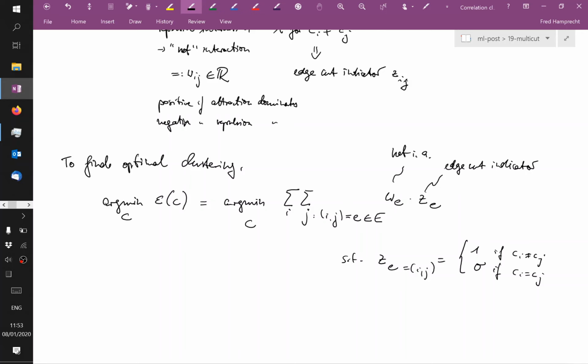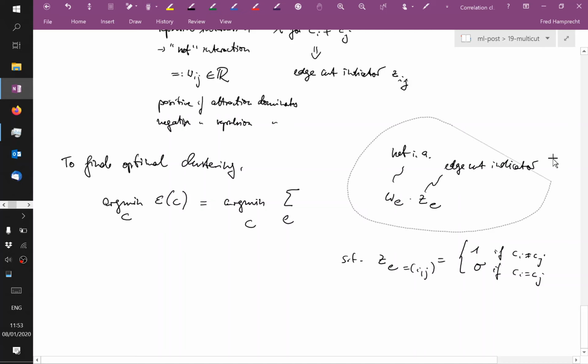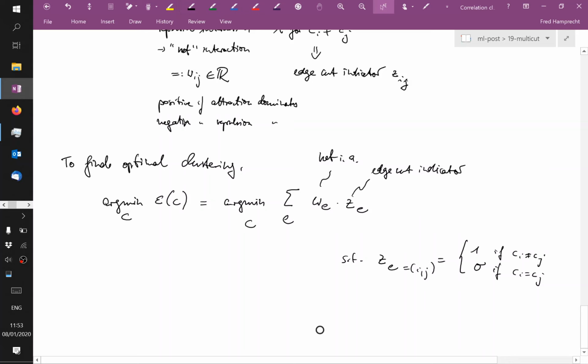In fact, I could also have written here, instead of this double summation, a single summation over the edges. You can leave your version, this is fine. But I could also have written it like this: sum over all edges, net interaction times edge cut indicator.